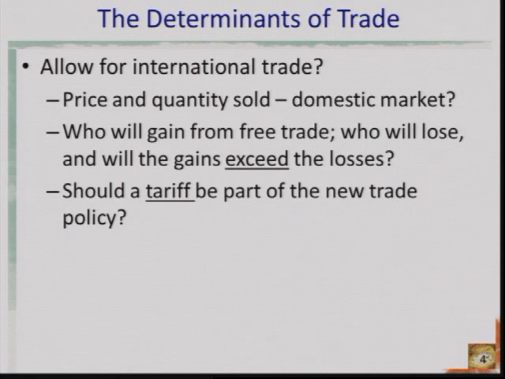We said yes already. Are there going to be gains? Absolutely, and y'all showed that too. But now we can look at a more extensive analysis and actually see in terms of producer and consumer surplus who is going to be gaining and who is going to be losing. And then we'll also look at tariffs in this chapter too.